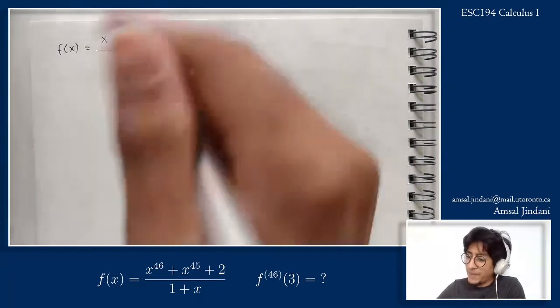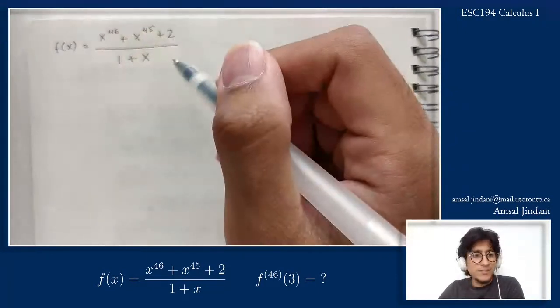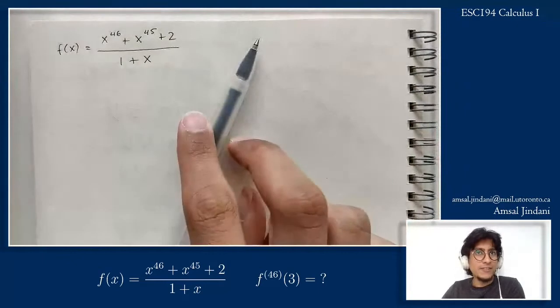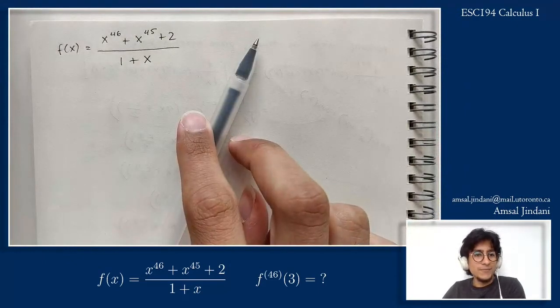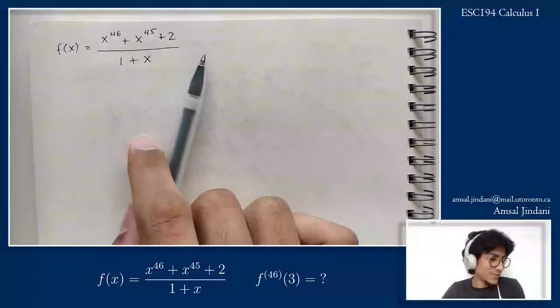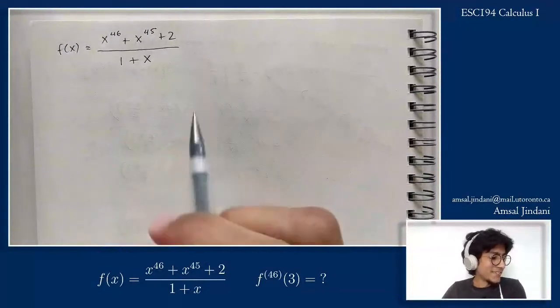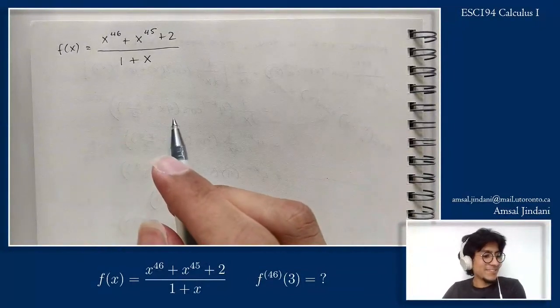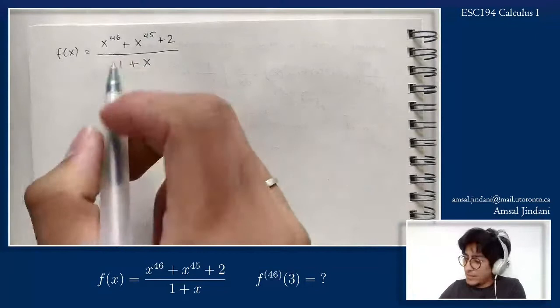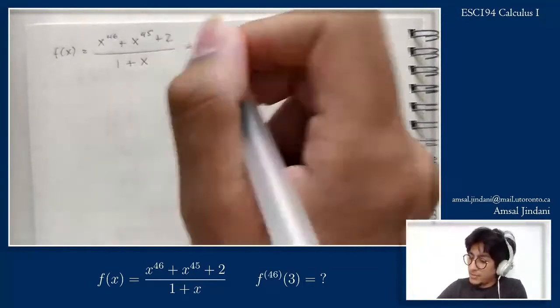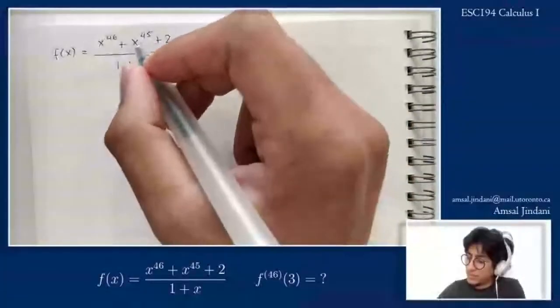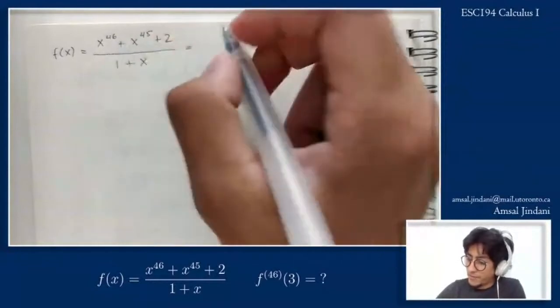Oh, yeah, okay. So the dumb way to do this would be to apply the quotient rule for differentiation 46 times. So don't do that because you'll be sitting here for days and the expression is just going to get bigger and bigger. Instead, we're going to just factor out x to the power 45 in the numerator.